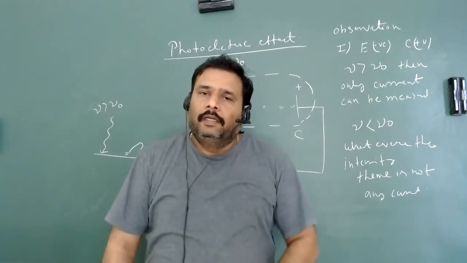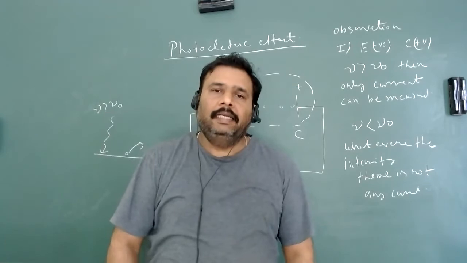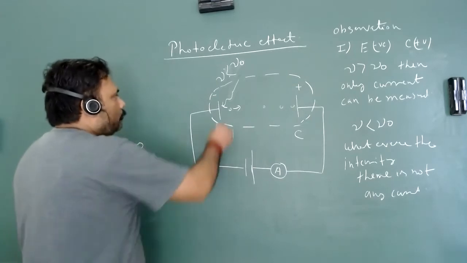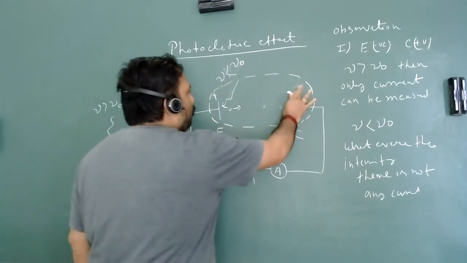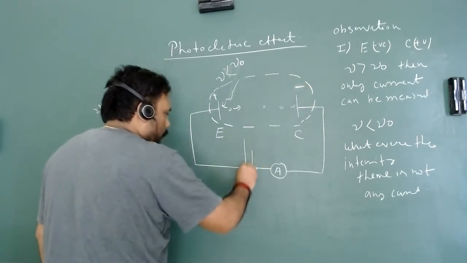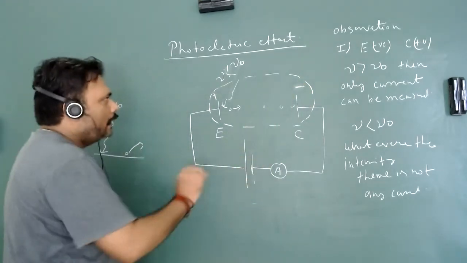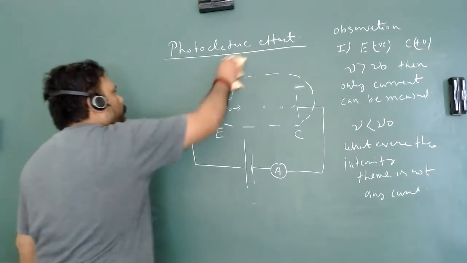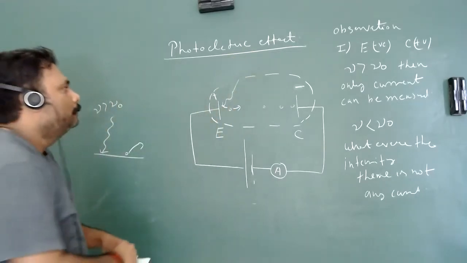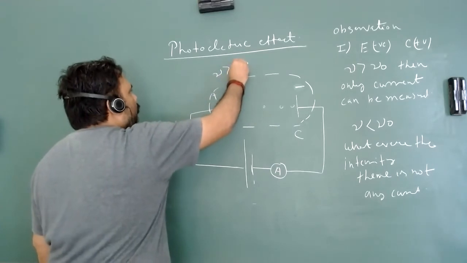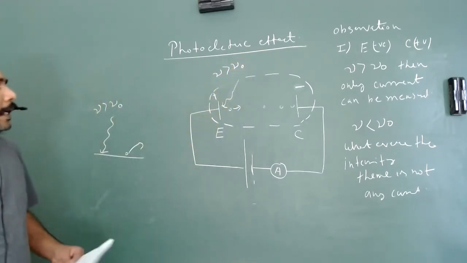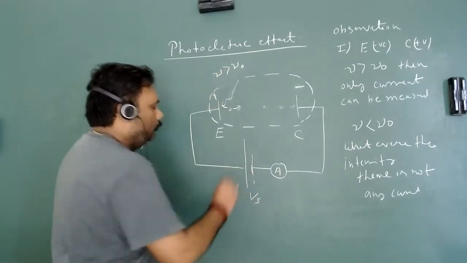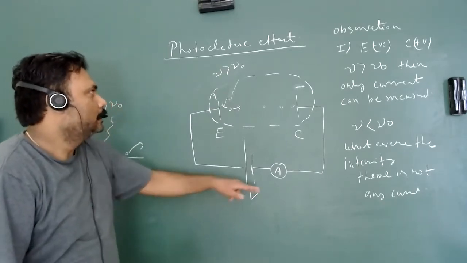Now let's go for the second observation, and it is very interesting. For the second observation, we take the emitter at positive polarity and the collector at negative. And now we always take the frequency greater than nu naught. We are changing this potential.